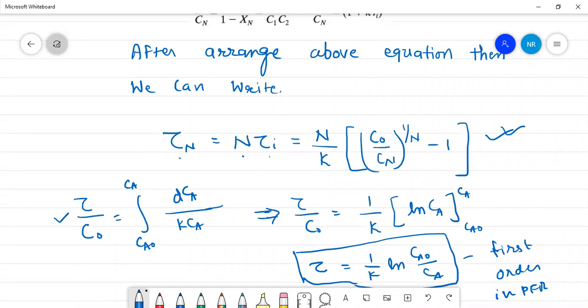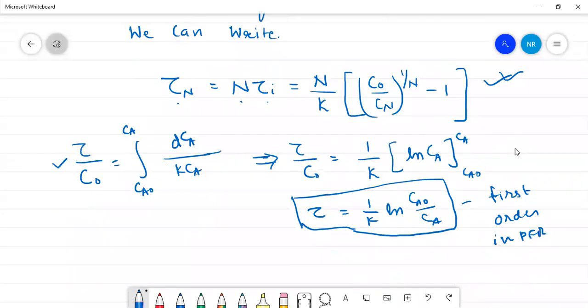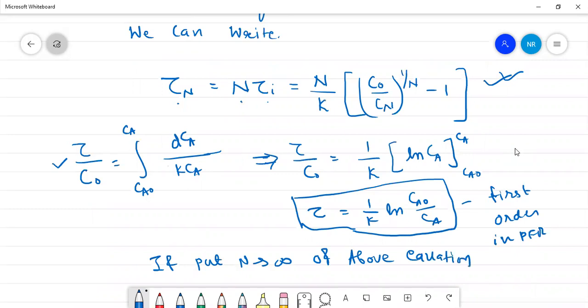Now, if I put n tends to infinity in these equations, I put n tends to infinity in the above equation, then can you tell me the answer?